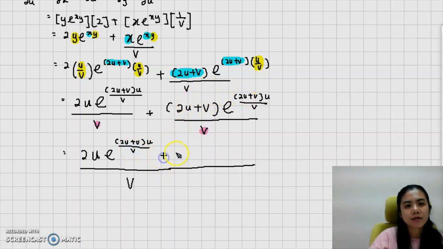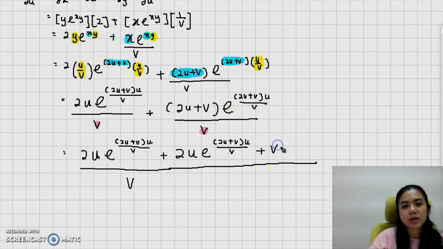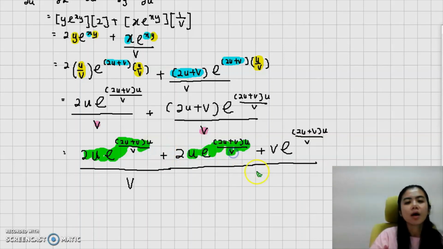If I expand this, I'll have 2u e^((2u+v)(u/v)) plus, expanding it, v e^((2u+v)(u/v)). Then you can see that basically I have the same item in here, u and exponent, u and exponent. So what you can do is group them together with plus.